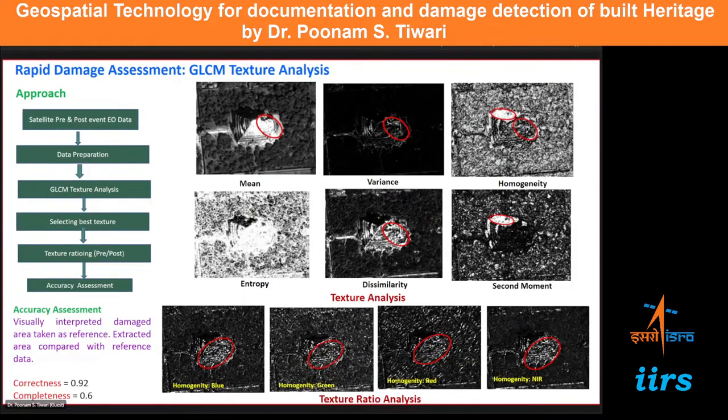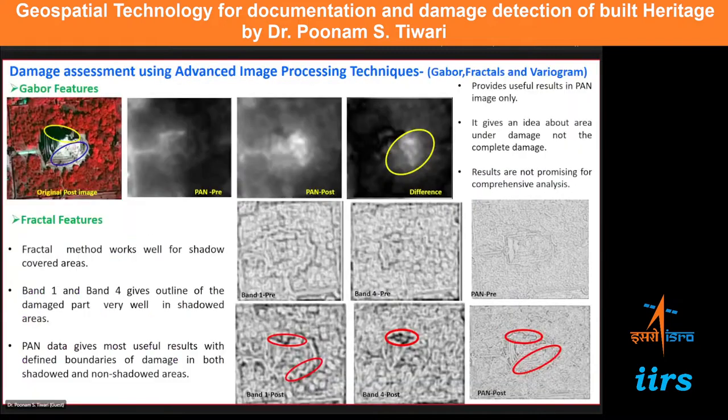You can use GLCM texture analysis also. The same methods that we used for the Nepal earthquake can be used here also. Advanced image processing methods such as Gabor, fractals and variograms have also been used. Now, why is it important to use the advanced image processing methods?